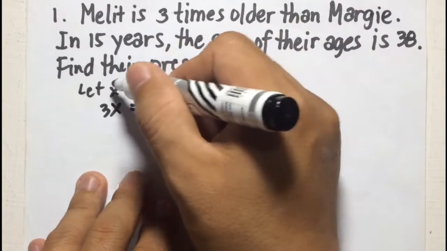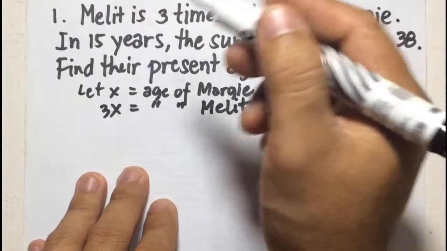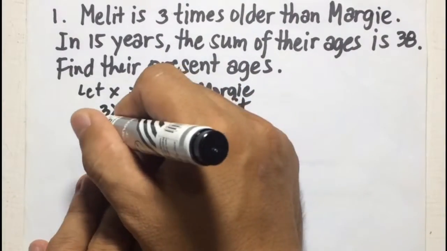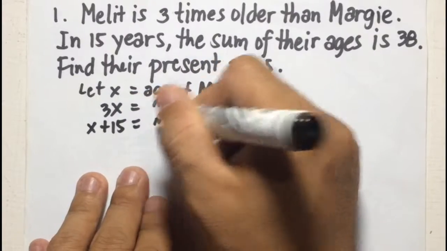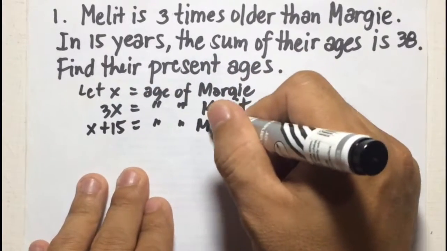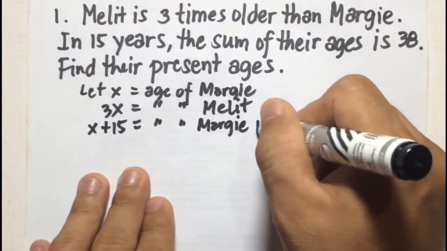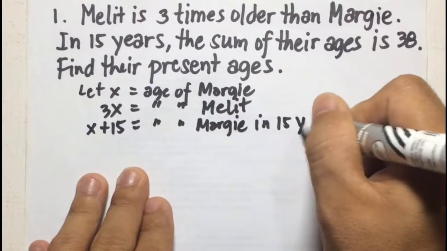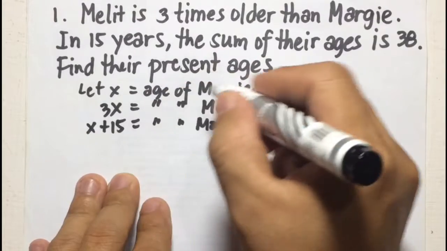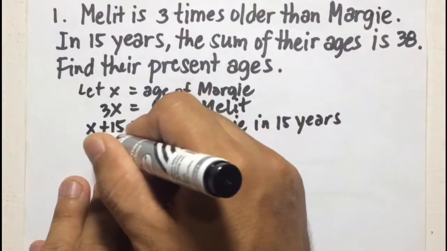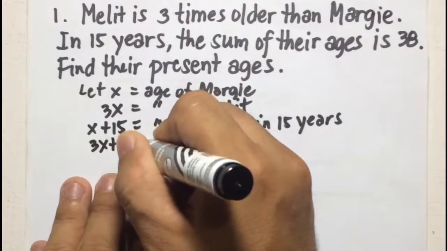If Margie's age is X, in 15 years that will be plus 15, so we have X plus 15. This is the age of Margie in 15 years. And the age of Millet in 15 years will be 3X plus 15.